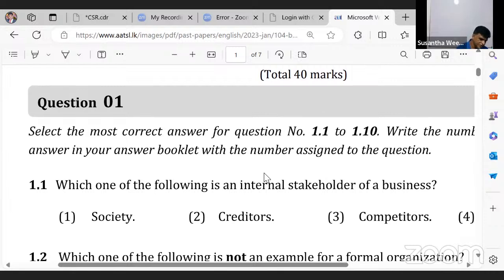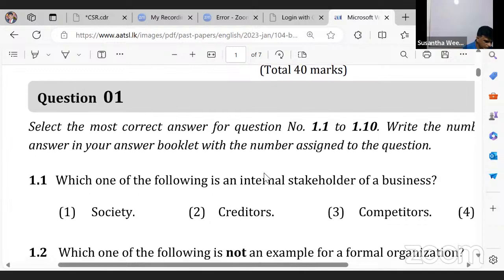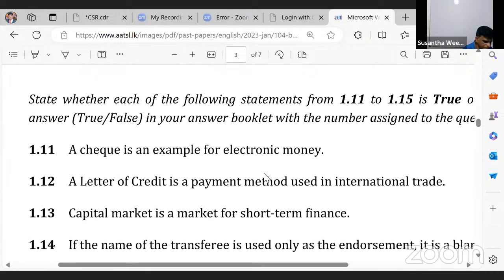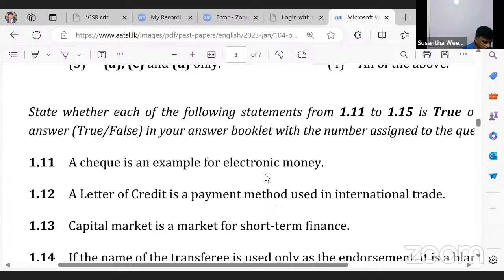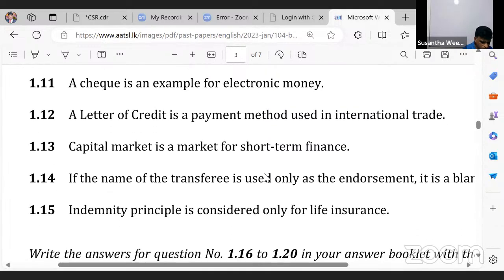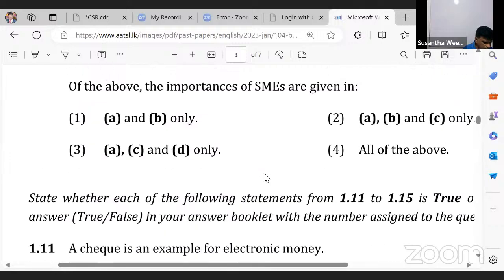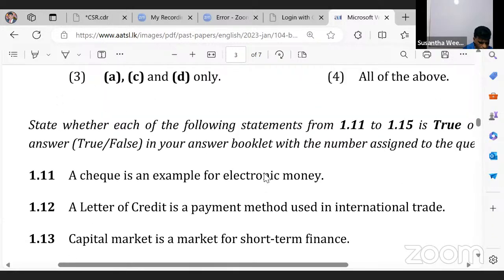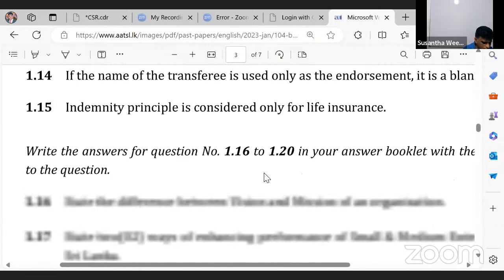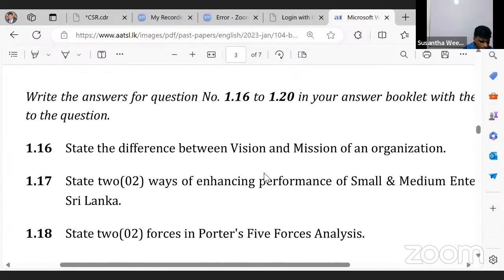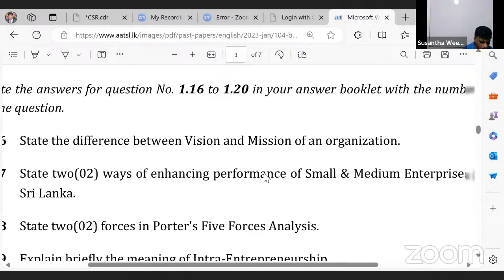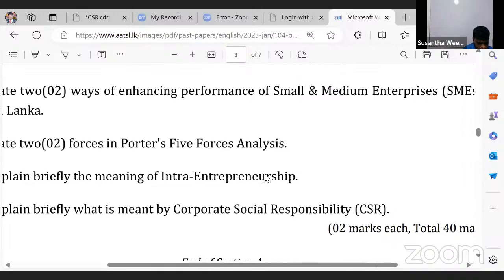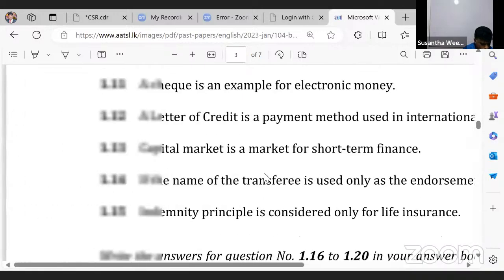The first, section A, has 40 marks. To gain these 40 marks, you have 20 questions altogether. 10 are MCQs, and 5 questions are given to mark true and false, and questions 16 to 20 you have to give short answers. It is 2 marks for each.